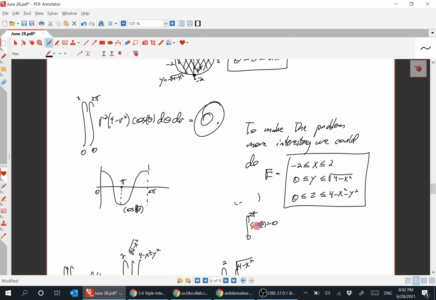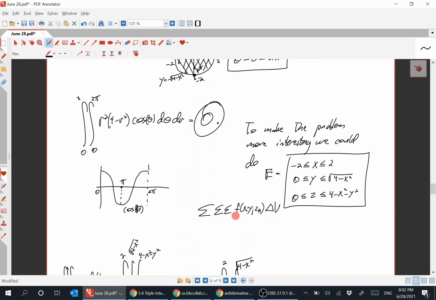And the reason integrals give rise to these weird notions of negative mass and negative area is because of the definition of an integral. It's a Riemann sum. With the triple integral, it's the Riemann sum of f of x_i, y_j, z_k times delta v.